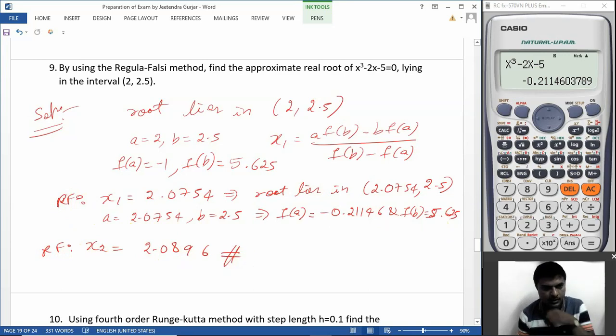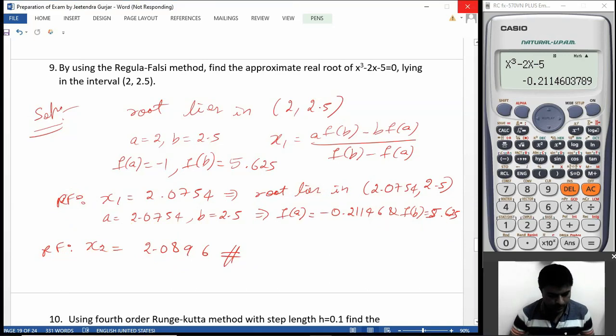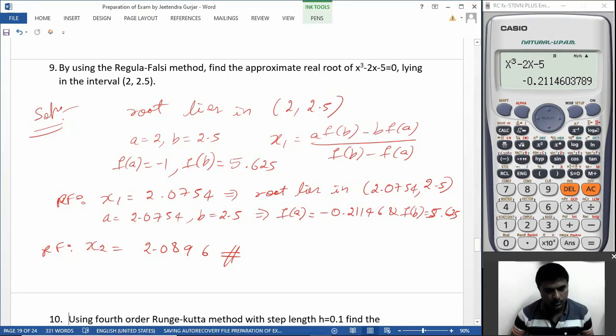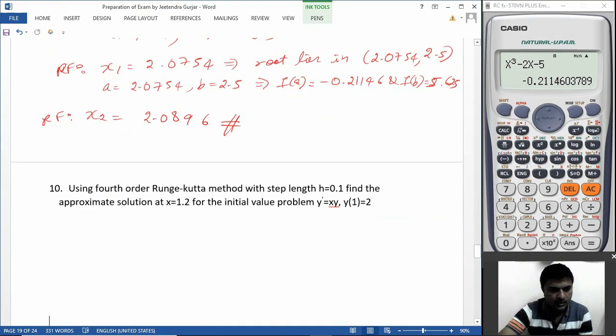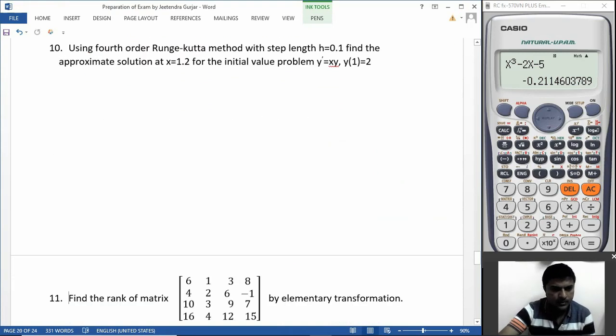They have given all these terms, and y naught is equal to 2. So use the RK method formula. The RK method, its formula and its explanation I have given in the description box. Please go to the link. In that link you can see all I have discussed about the RK method. So use that, and here you put the formulas directly.